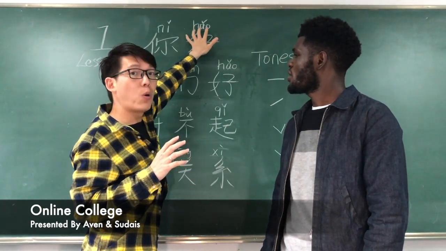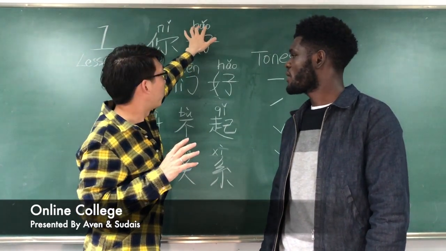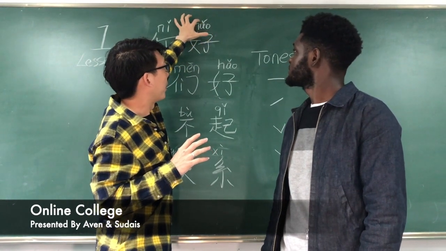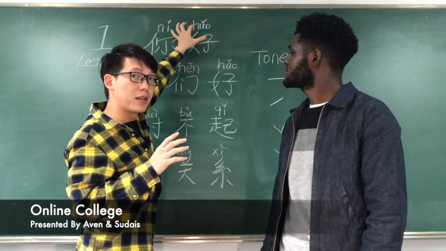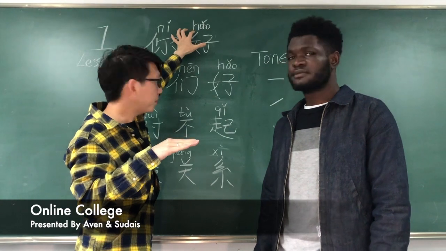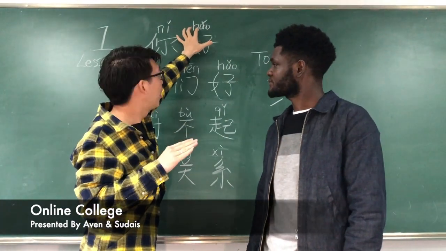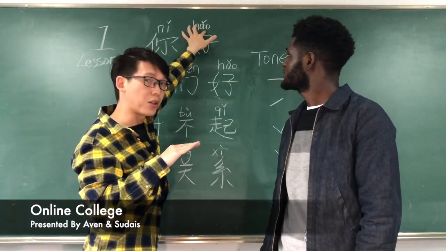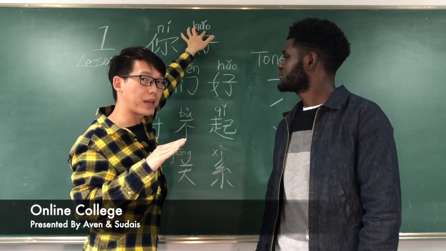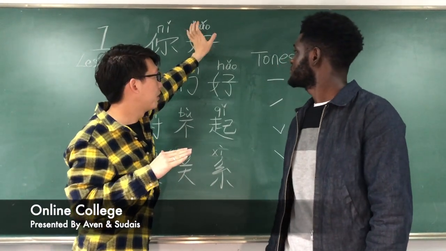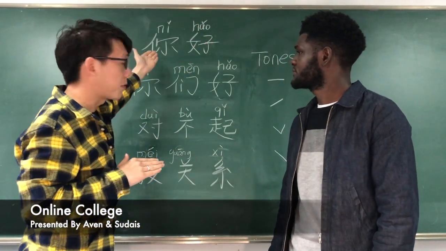H, ao, hao. But there's a mark above it showing you the tone. It's the third tone. So you have to say hao. It's not how, it's hao. It's different. And this is the first word, 你好.